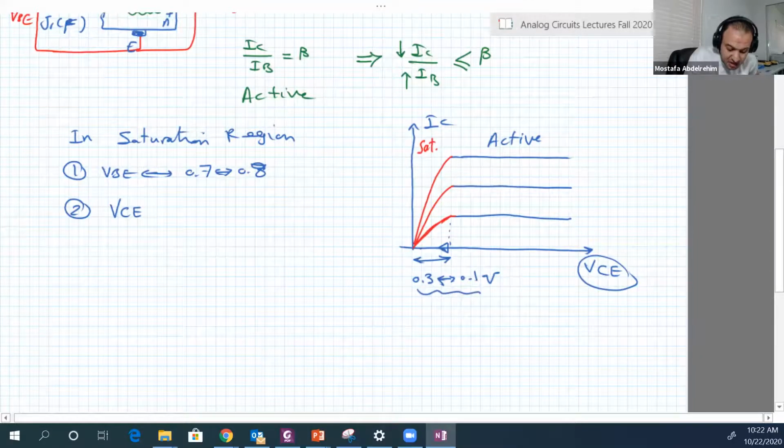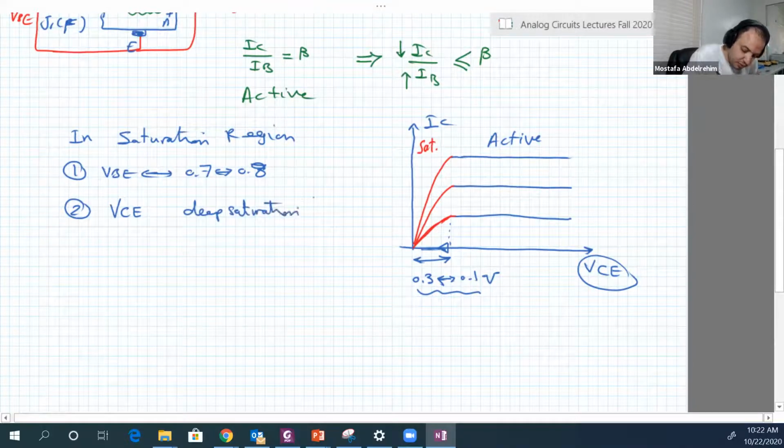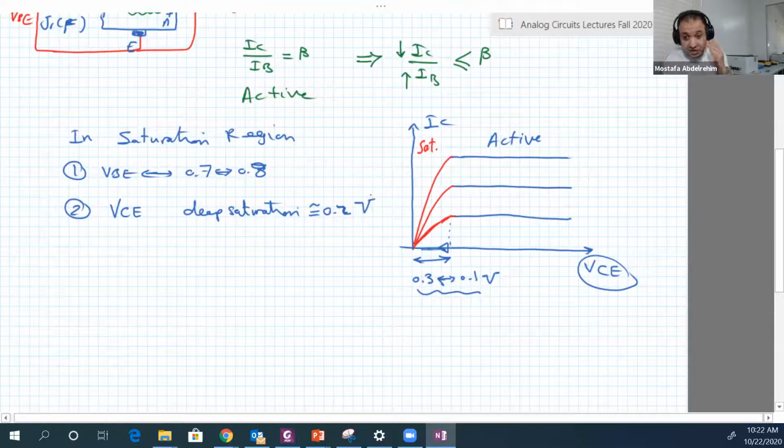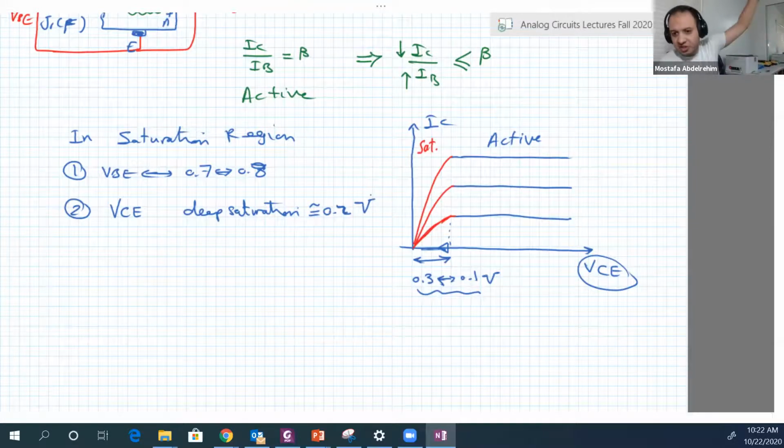As you see here, these values are small. In deep saturation, it's usually around 0.2 volt. This is just a rule of thumb. It doesn't mean that if you measure something, it must be exactly this, like the 0.7 that we always assume for the diode.